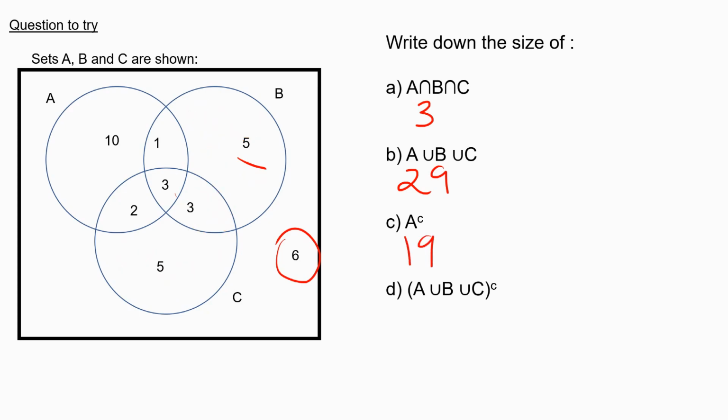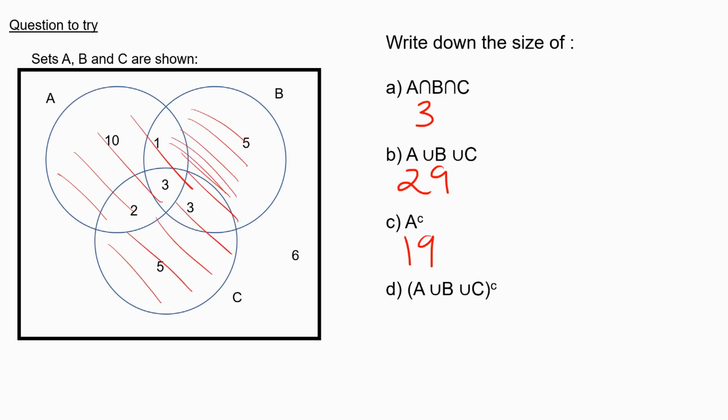And then lastly, A union B union C complement. So that's basically everyone who is not in the circles somewhere. So they are not in at least one of A, B, and C. So that means they've got to be on the outside here. So there's 6 of them.